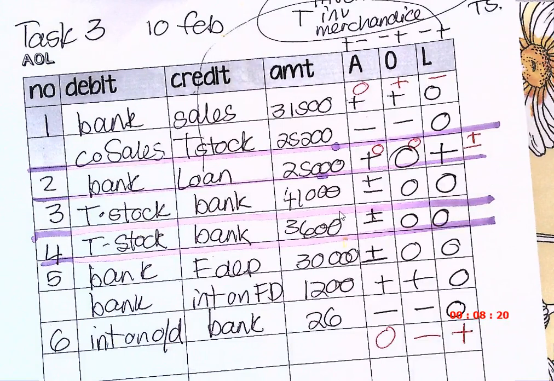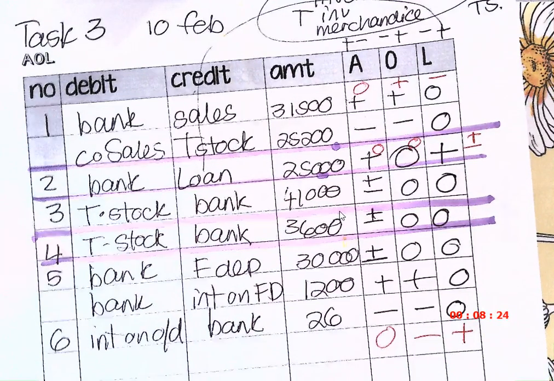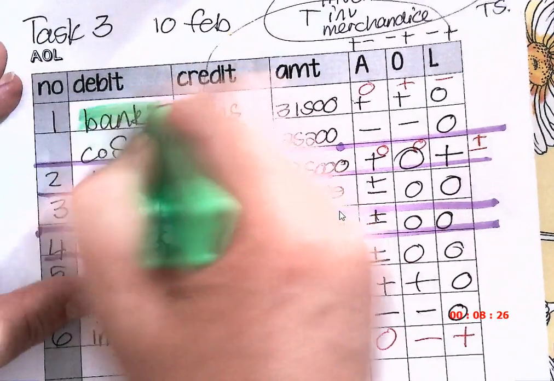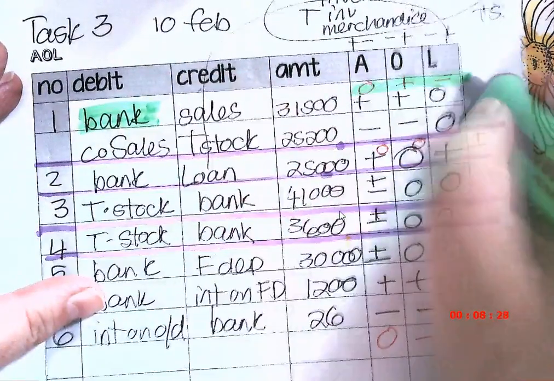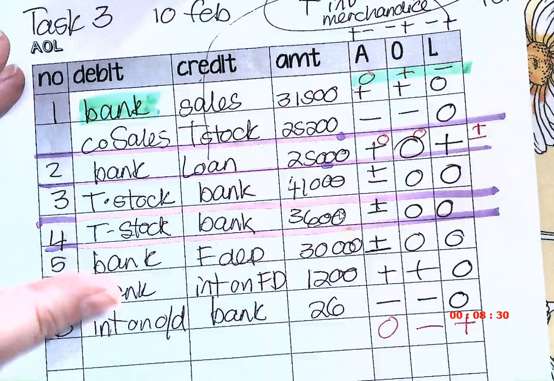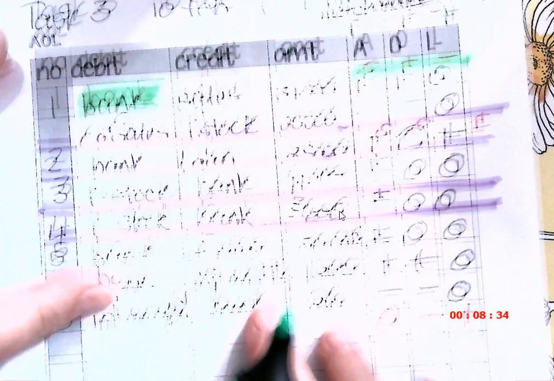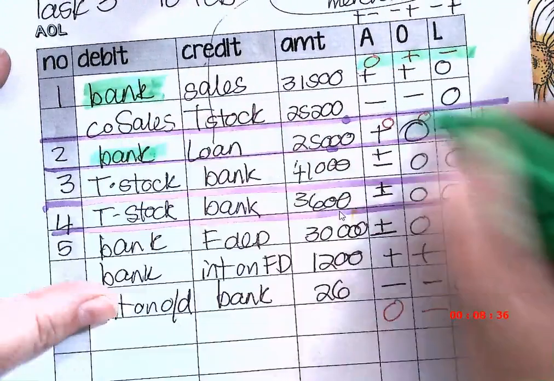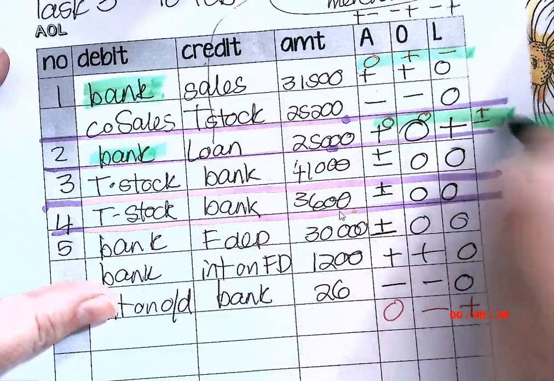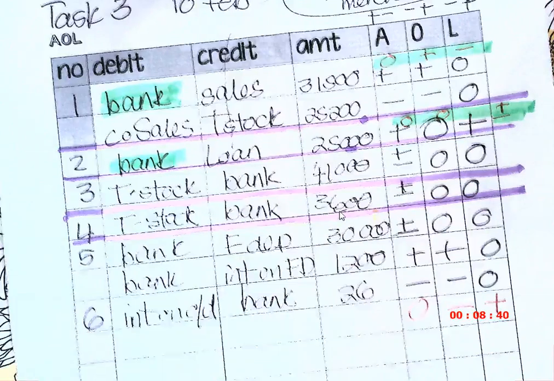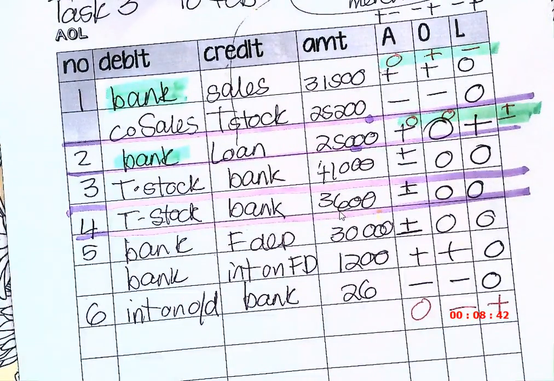So I'm going to show you how, if you treated it as an overdraft, it would have looked like this. Because bank is an overdraft, then it would have looked like that, instead of like this. If bank is an overdraft, it would have looked like this, not like the black. Are you fine? You sharp?